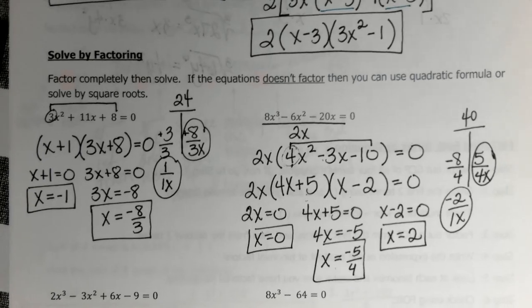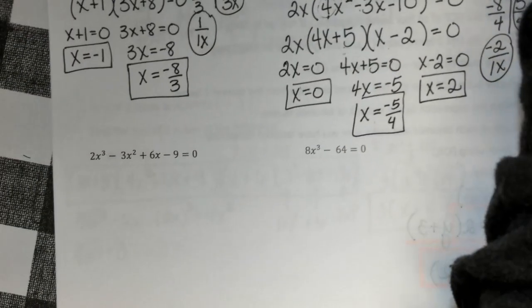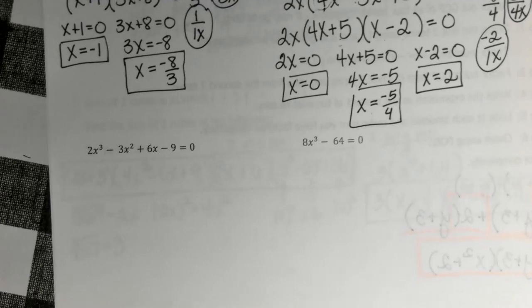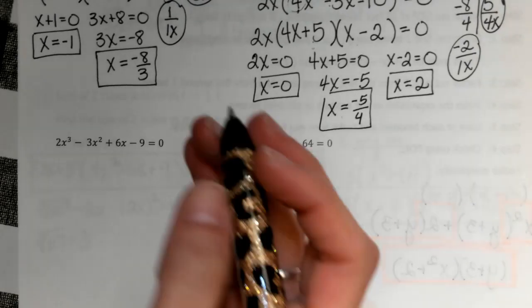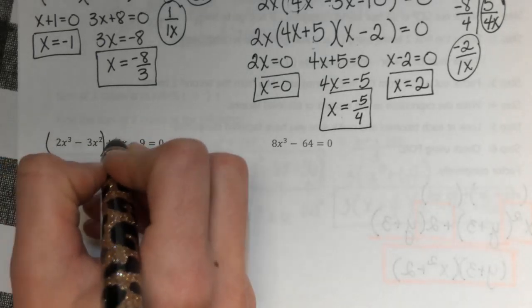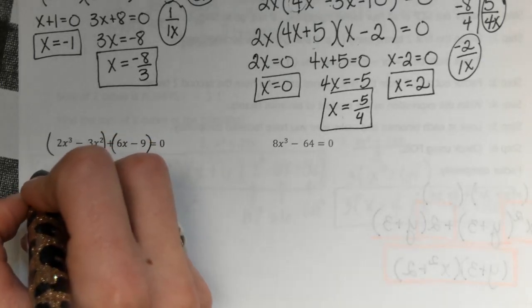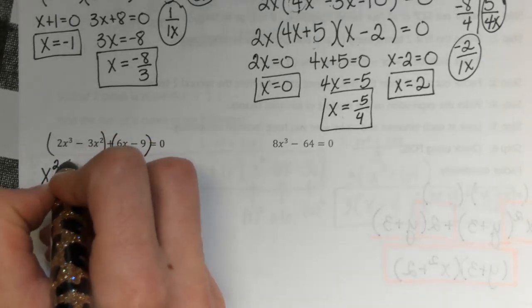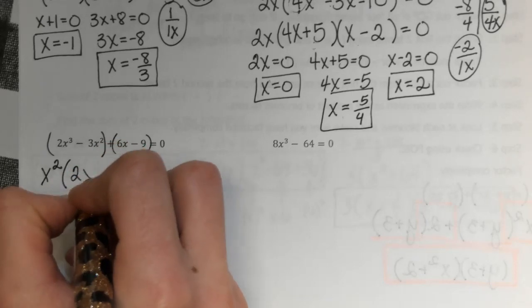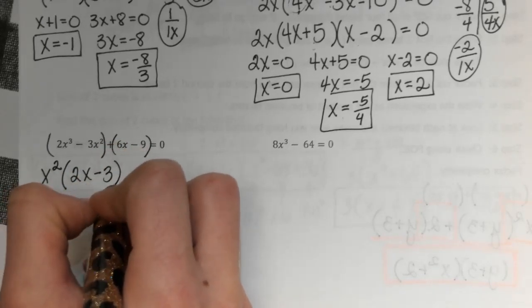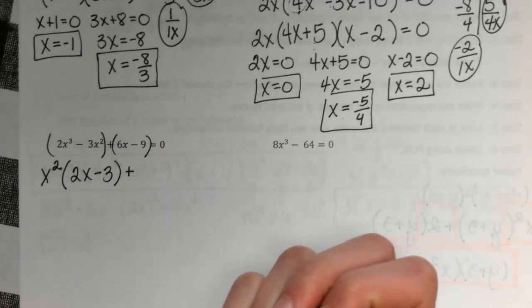Okay? Alright, 2x cubed minus 3x squared plus 6x minus 9 equals 0. Do I have a GCF? No. So I'm going to group. 2x cubed minus 3x squared, I can take out x squared, and that leaves me with 2x minus 3, plus 6x minus 9.